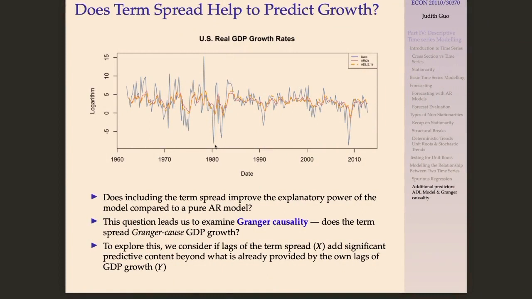So Granger causality is about whether the lags of X, okay, add explanatory power for modeling Y beyond what has already been captured by the lags of Y itself, okay?